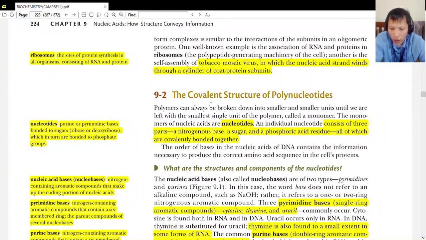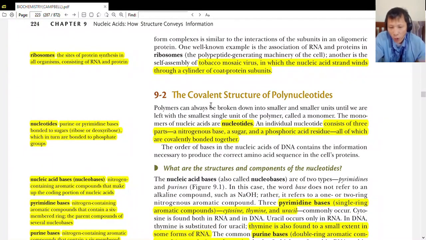So nucleotides have a sugar to it. You have purine, pyrimidine, and then you have sugars, and then bonded to a phosphate group. Actually, those are the blocks, the subunits of your nucleic acid. So we even call the whole nucleic acid, DNA and RNA, a polynucleotide.